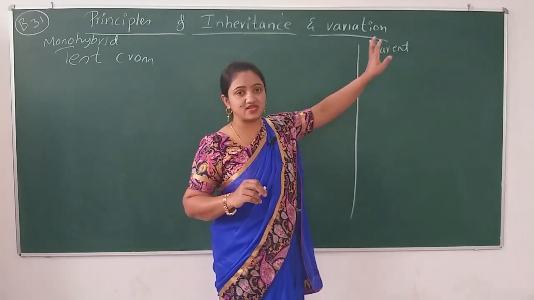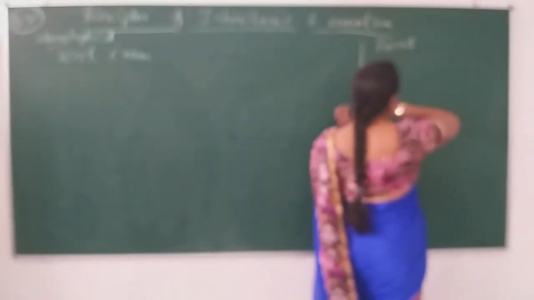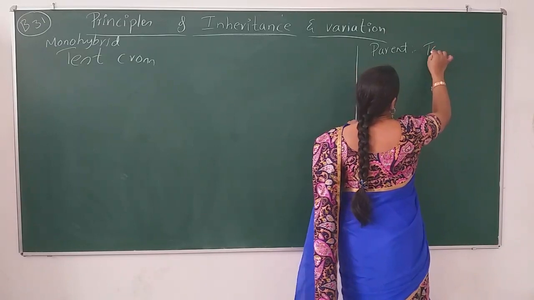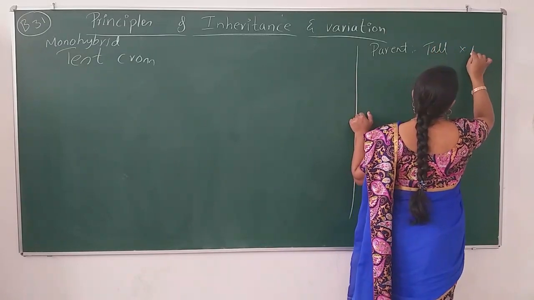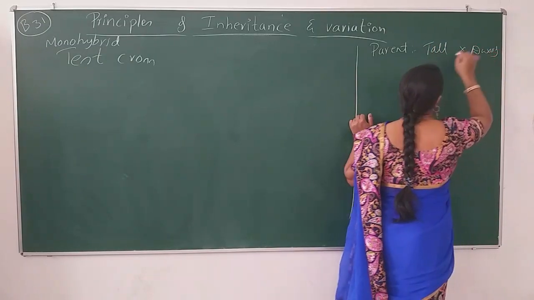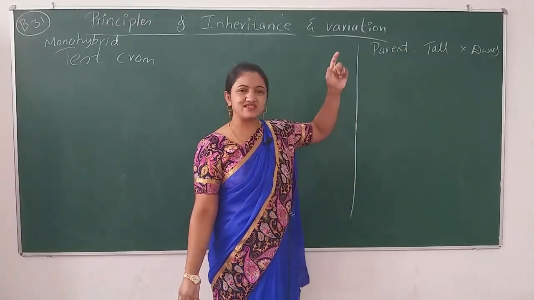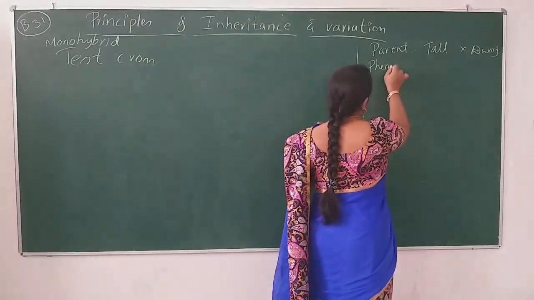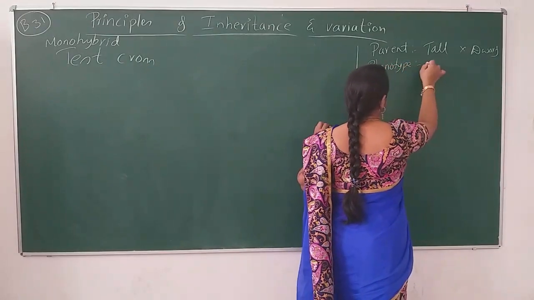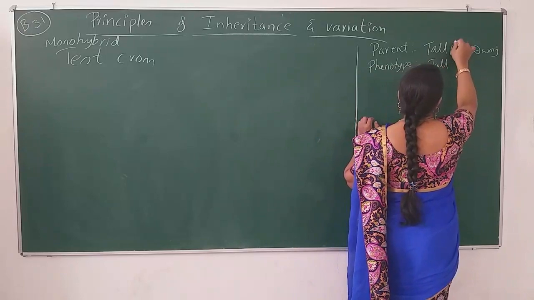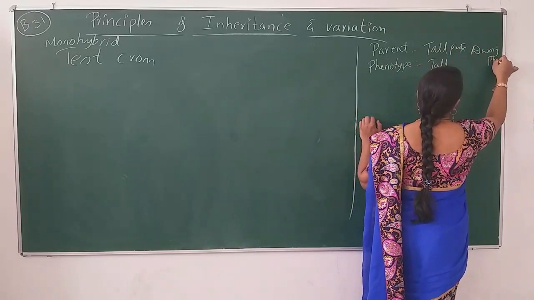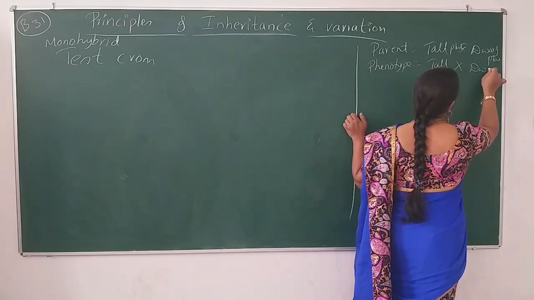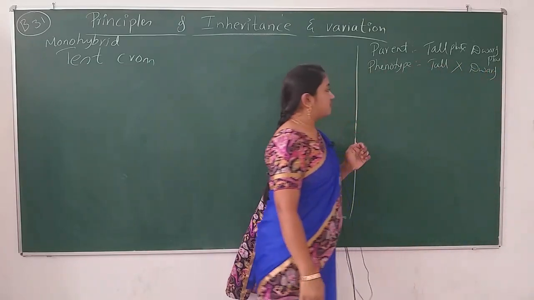What we selected in the parents while describing the monohybrid cross: one plant is tall and one plant is dwarf in nature, and just consider that as the phenotype. Let me write it once again: this is the tall plant and this is the dwarf plant. The phenotype of one parent is tall and the phenotype of the other parent is dwarf.